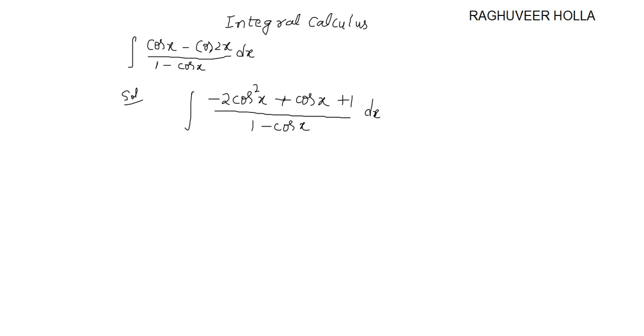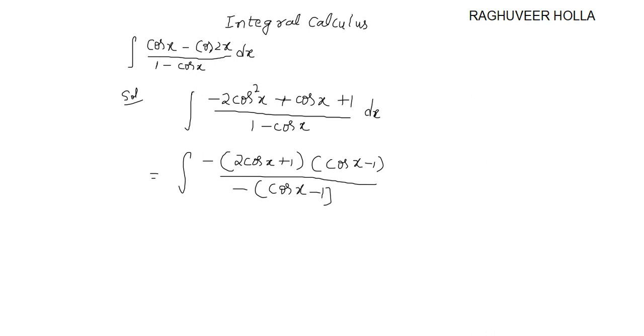So let us look at the next part of the problem here. Now I get this as equal to the integral. If I take minus outside, I get minus of (2 cos x plus 1) into (cos x minus 1), and keeping the minus outside, the denominator is cos x minus 1, into dx.